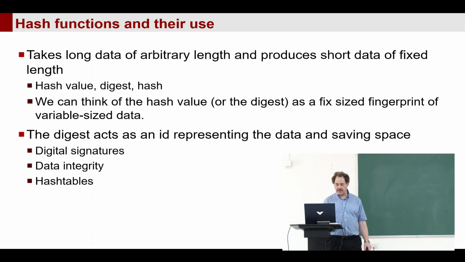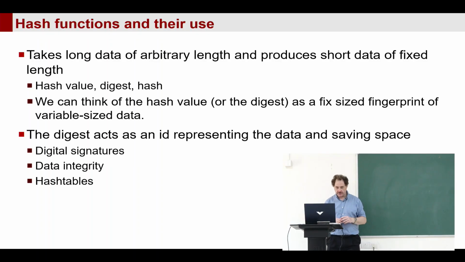The short data of fixed length has many names. It can be hash value, hash code, digest, sometimes even hash itself. So the terminology is varied, but usually it doesn't create any confusion. So we can think of the digest as a short, fixed-size fingerprint over large variable-size data.